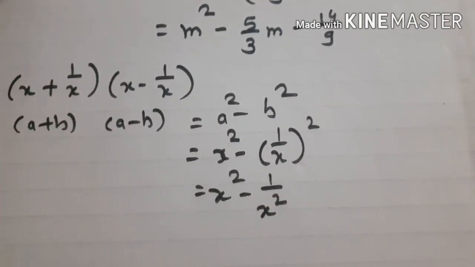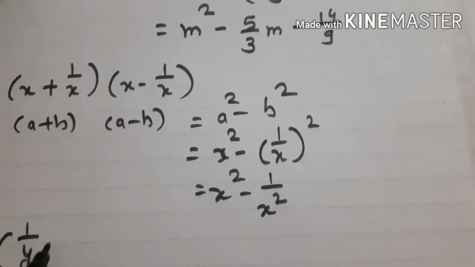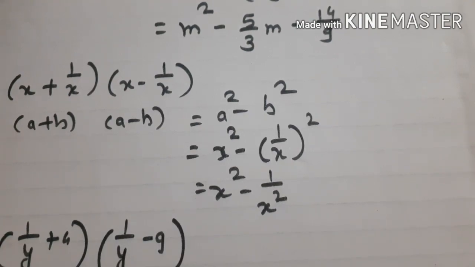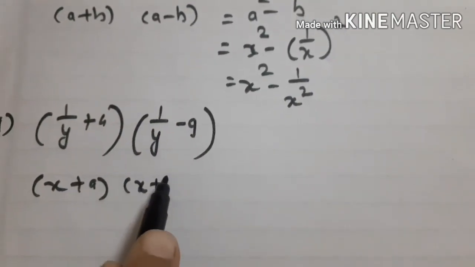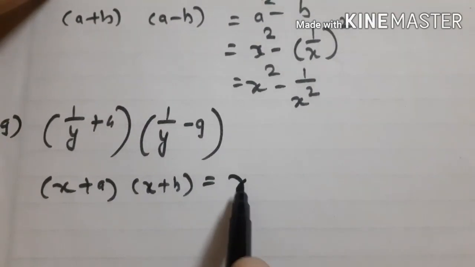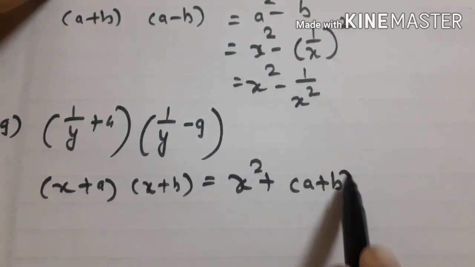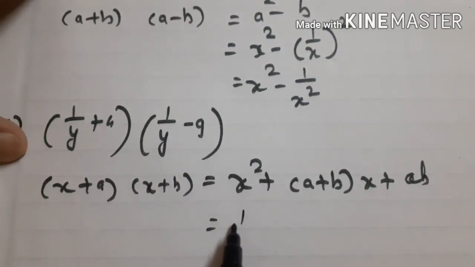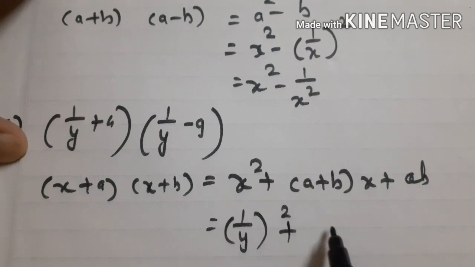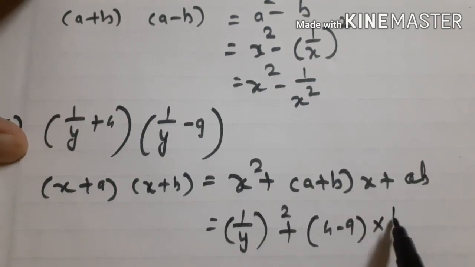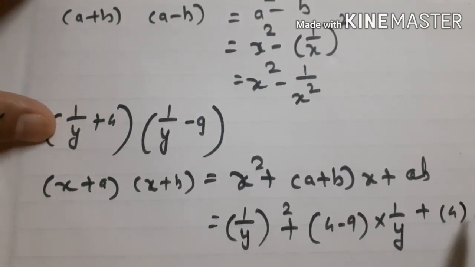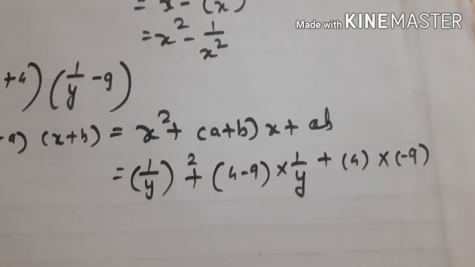Now the last, ninth one: 1 by y plus 4 and 1 by y minus 9. Now x plus a, x plus b. Write again the same expansion: x square plus sum of second terms into first term plus product of second terms. Now what is the first term? 1 upon y, bracket square, plus 4 minus 9 into 1 by y, first term, plus product of second terms means 4 into minus 9.